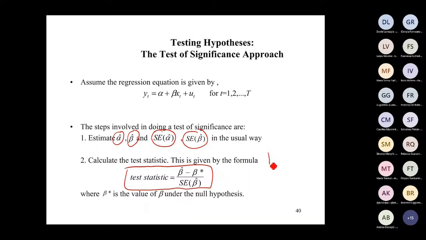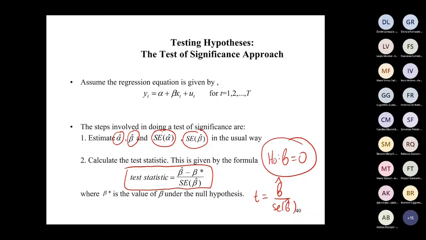Now, a very specific and important case is when beta equals 0. When beta equals 0, the t-statistic is beta hat divided by the standard error of beta hat.